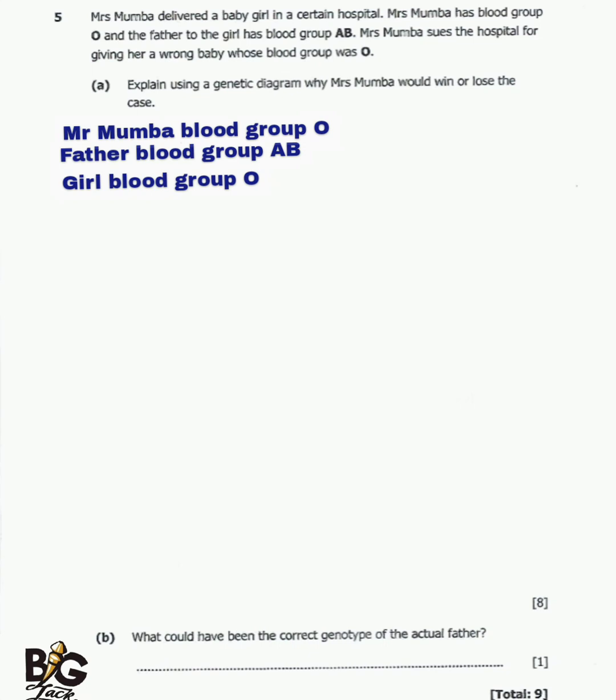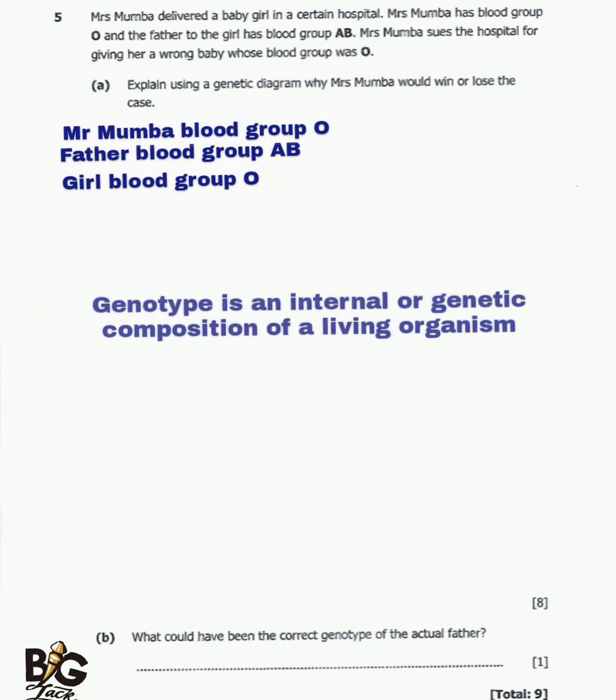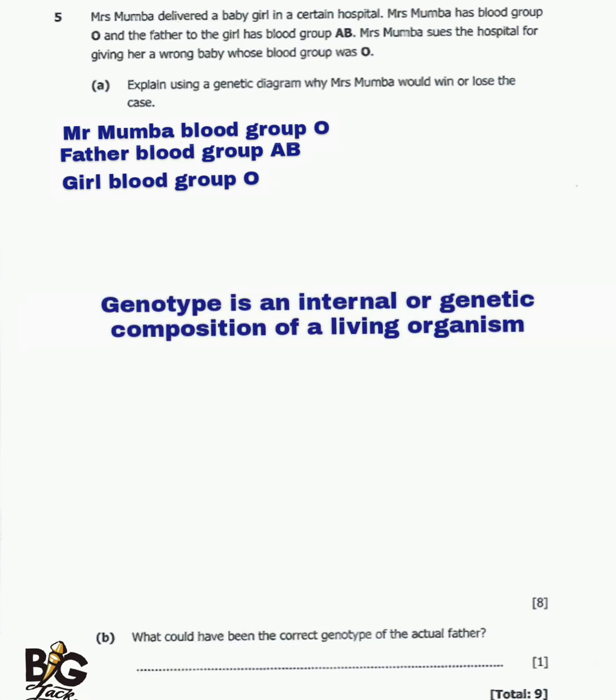The next one is genotype. Genotype is the internal or genetic composition of a living organism, the way you and I are composed genetically. Genotype is represented by alleles.